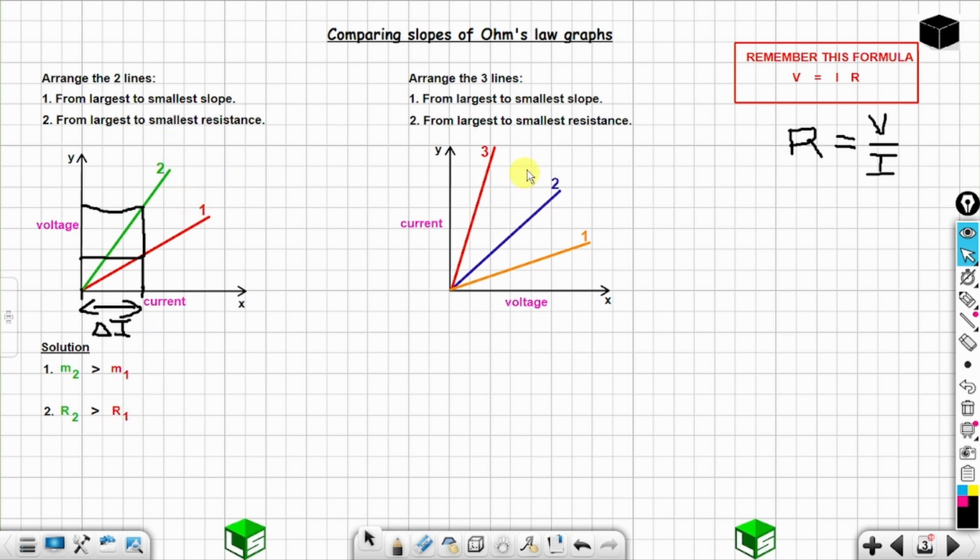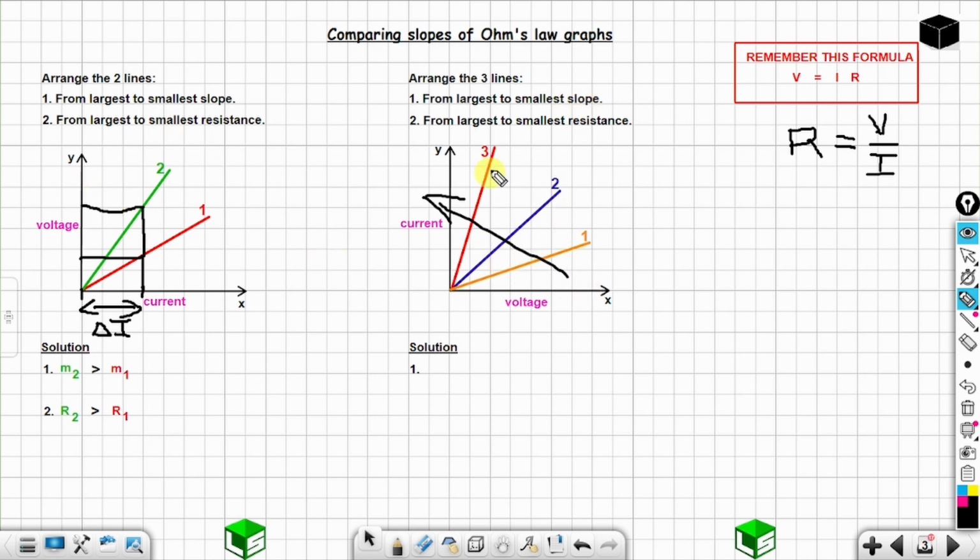Now let's compare the 3 lines. Solution number 1. Again, when I have lines from the same point, I know from experience the slope is increasing in this direction. I have proven that from this question.